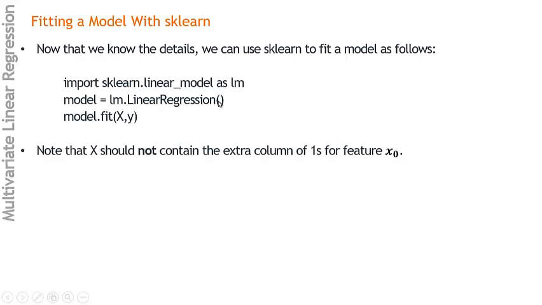So you need to look at the documentation. For the linear model in scikit-learn, you don't need to add the column of ones or the constant column, and it will produce a model for you. So the specifics of how to do this we can go into later, but all of this under the hood is what we've just seen. So now you know what's going on in this module here.